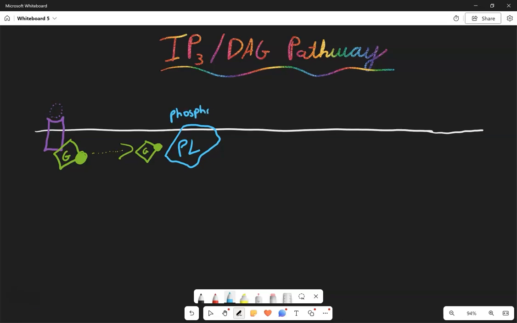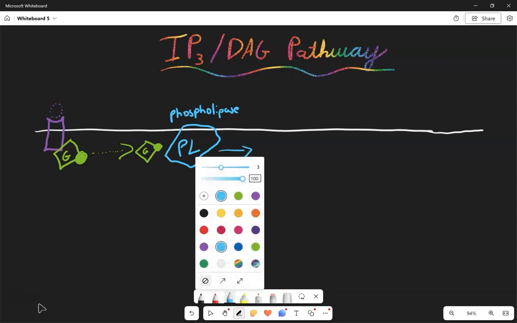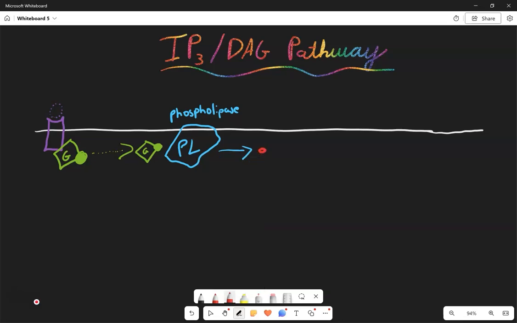Phospholipase. And remember, lipases are enzymes that break down fats. That's going to activate that phospholipase so that it comes over and will interact with another molecule.